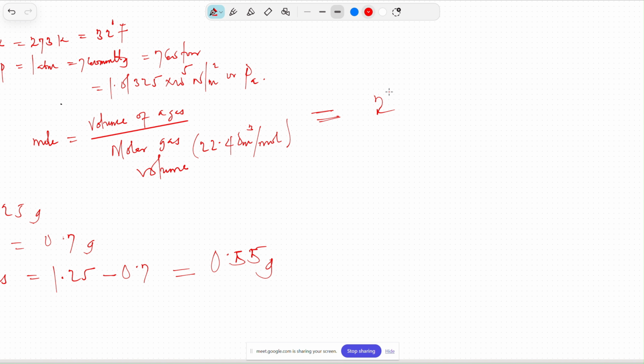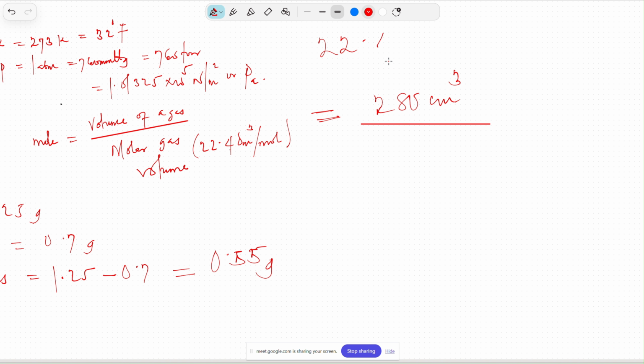Now you want to solve for the mole of the gas. This is 280 centimeter cube, the volume of the gas, divided by molar gas volume, that is 22.4 dm cube. You can't work with centimeter cube and dm cube together. You either convert centimeter cube to dm cube, or you convert dm cube to centimeter cube. In this case, I'm working with centimeter cube, so I will convert this dm cube to centimeter cube.